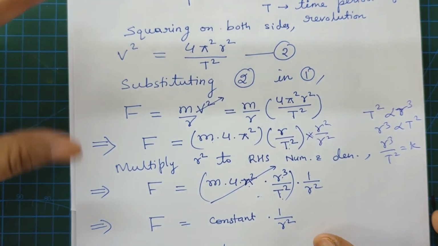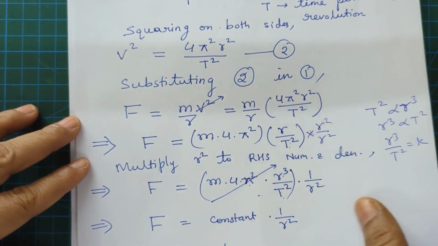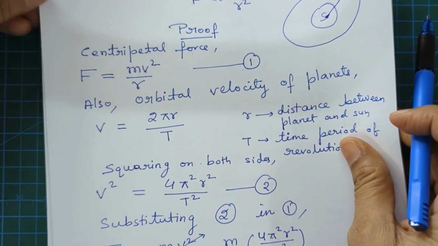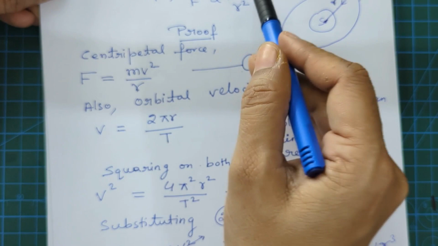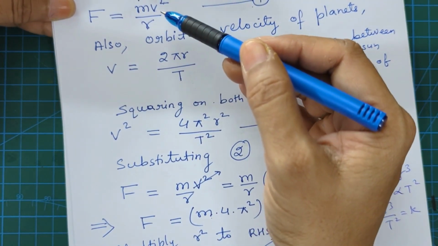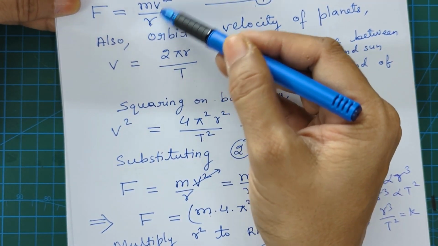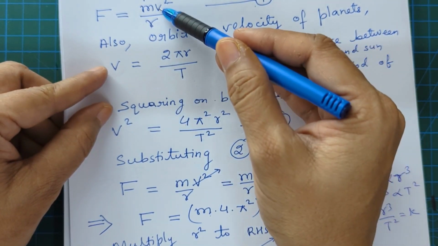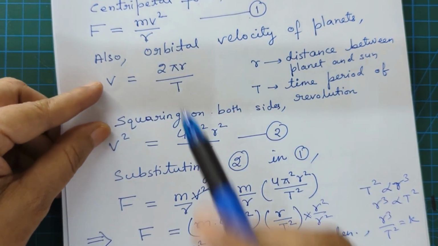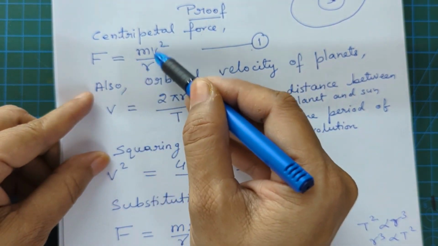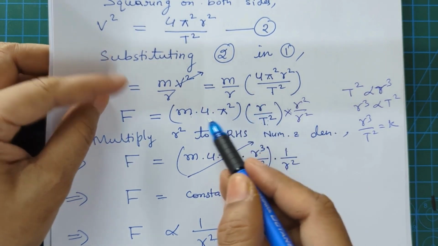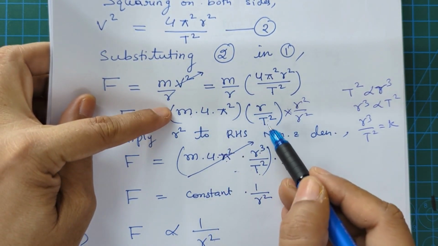So carefully observe the steps that I discussed. Sometimes pause the video, or take the video a bit back to see what the stages are in the derivation for how Newton guessed the inverse square law. First, centripetal force mv square by r. Then orbital velocity 2 pi r by t. We want v square, so square throughout. And then in this formula we substitute v square. After substituting, put all the constants aside, then we will get r by t square.